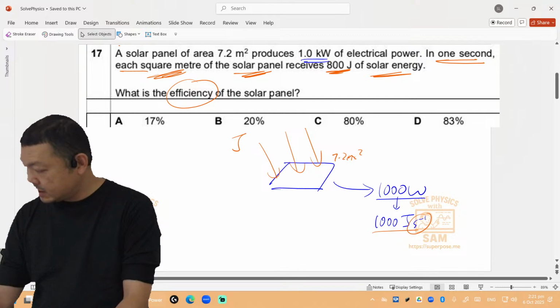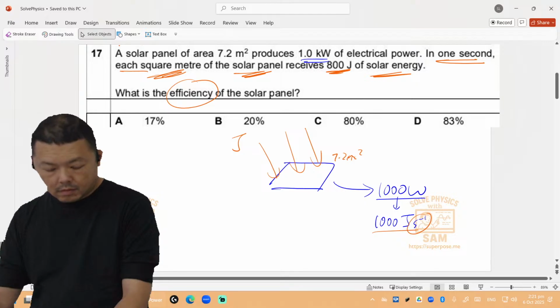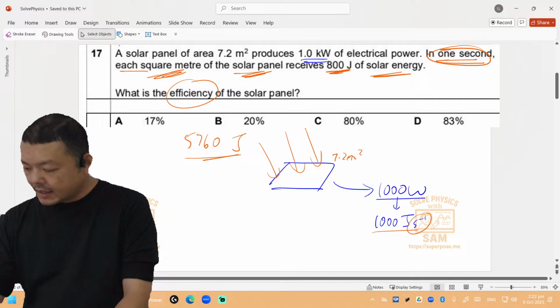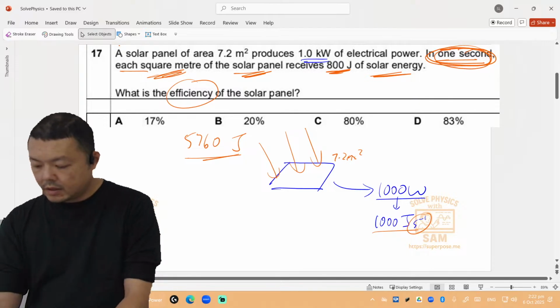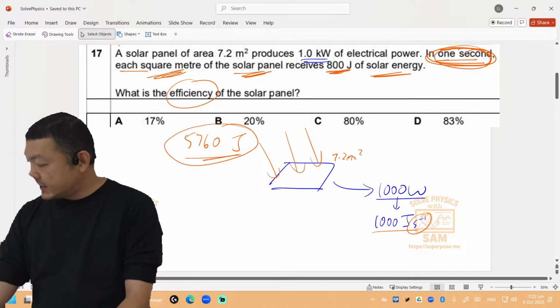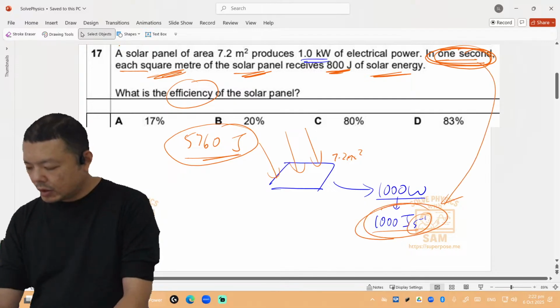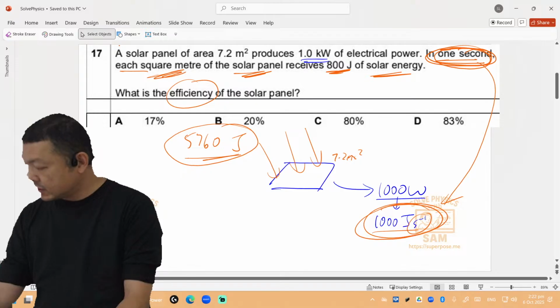Go on, tell me the answer. 5760 joules. So in 1 second, the solar panel receives 5760 joules, but in that same 1 second, the solar panel can only produce 1000 joules of electricity.